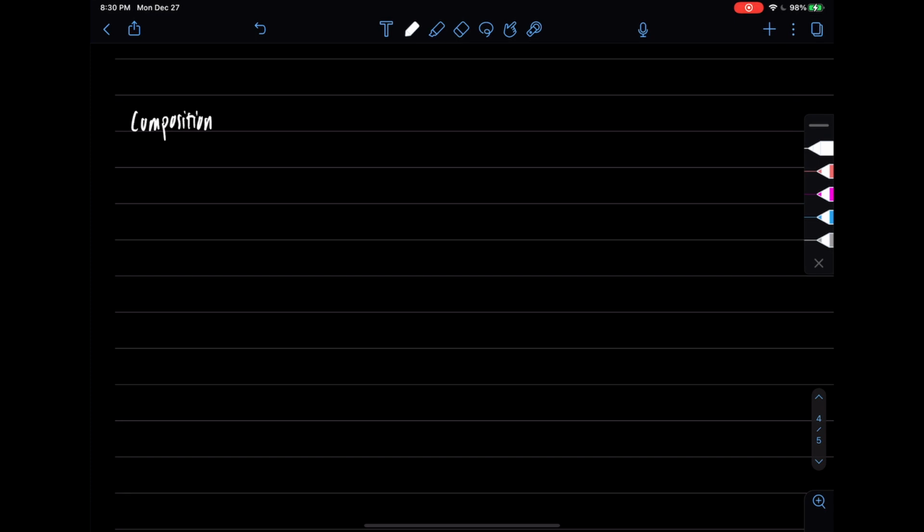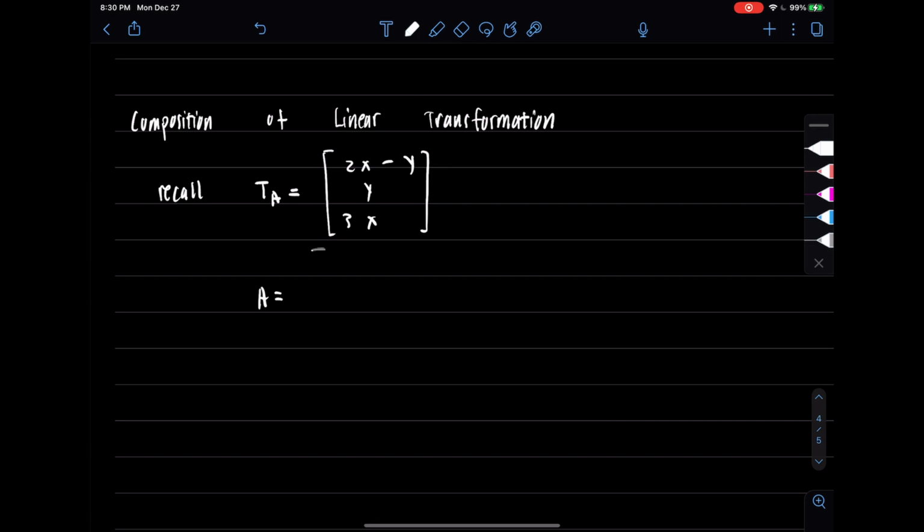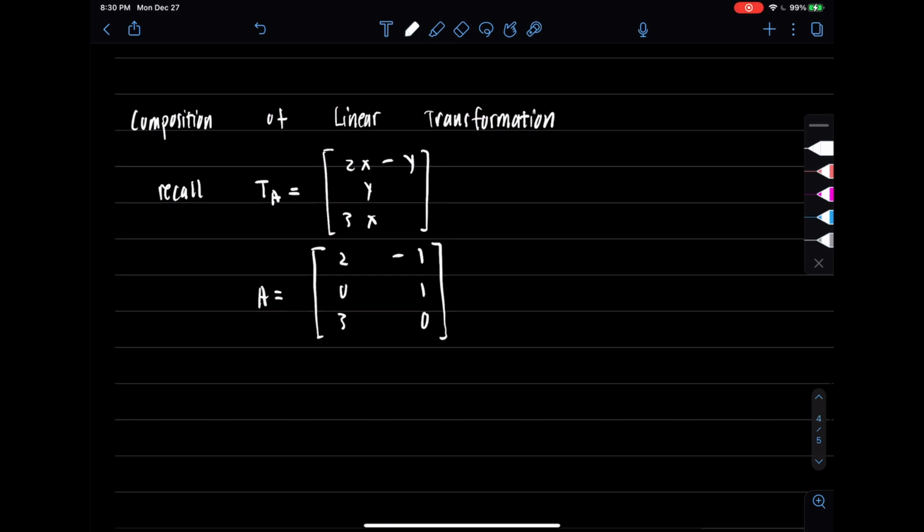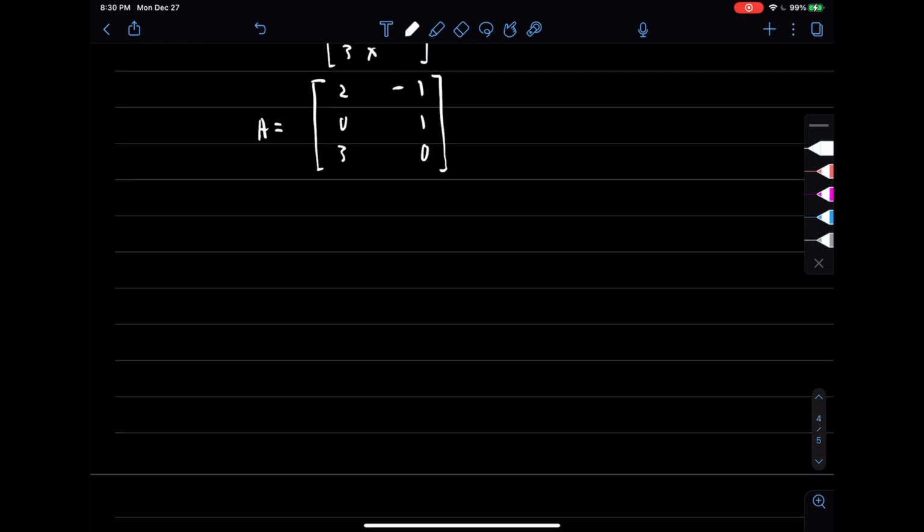the composition of linear transformations. So I would like us to recall the composition of matrix transformations in the previous section. So we know that if T_A equals that, then A must be the matrix of this.